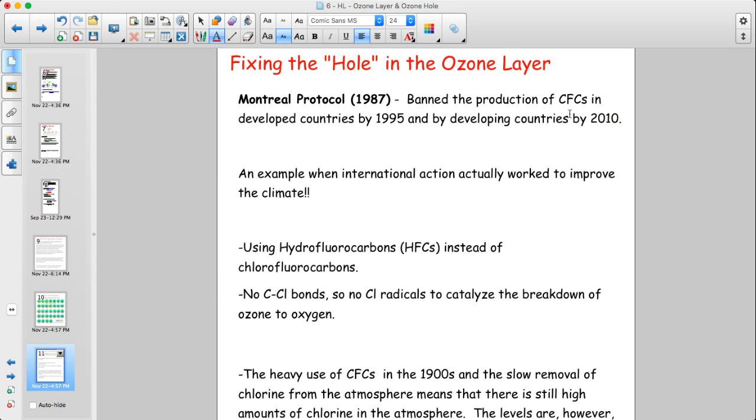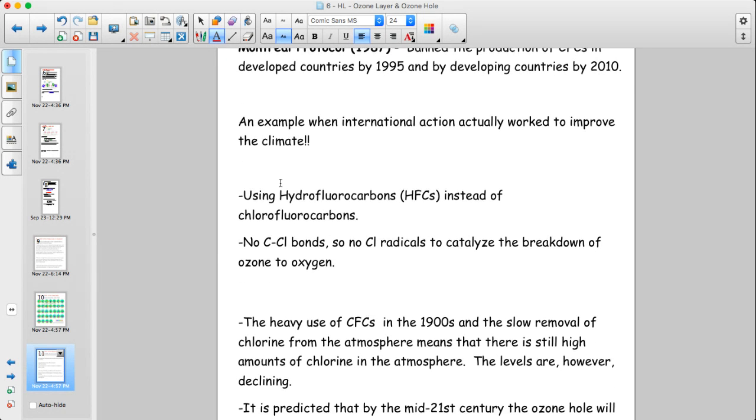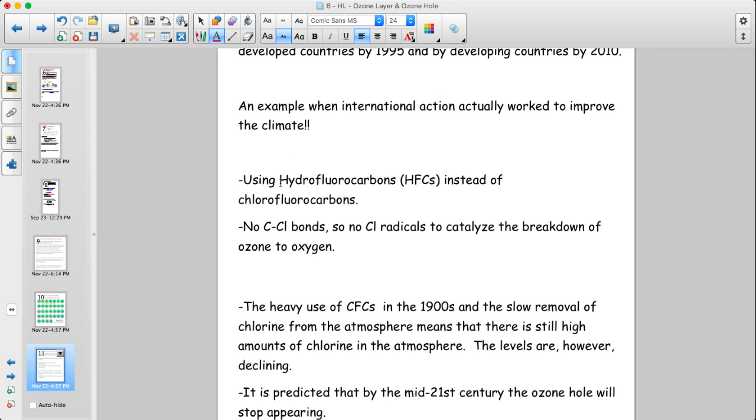But even though these CFCs have been banned from production in developed countries since 1995, and now they shouldn't be used anymore around the world, it's still having a lingering effect, because it takes so long for the CFCs to get out of the atmosphere that even if we're not pumping any new ones in, there's still enough in the atmosphere that ozone still gets broken down every polar winter and every polar spring.